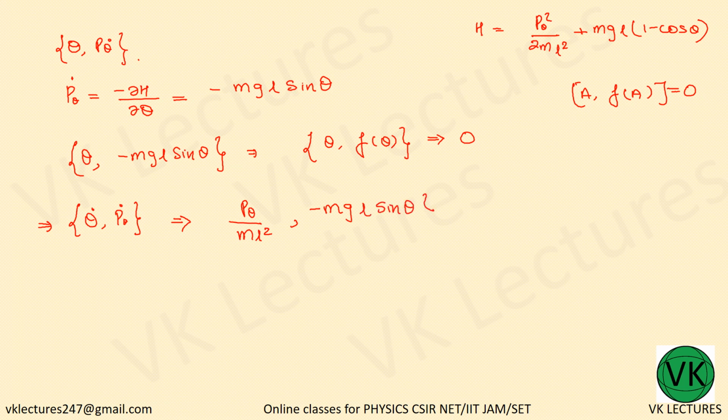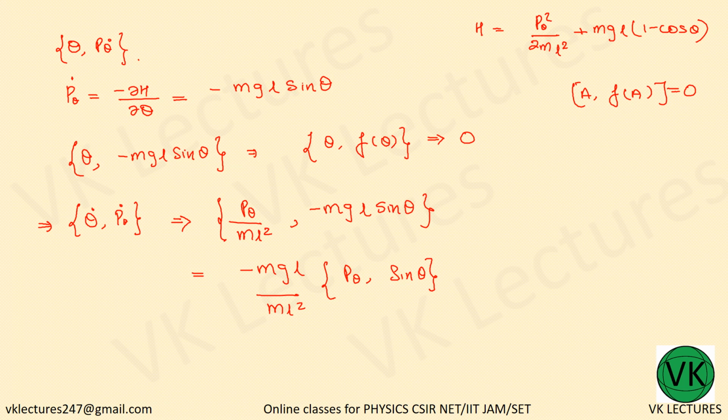So take out the constant minus mgl divided by ml squared, into the bracket of p theta comma sin theta.